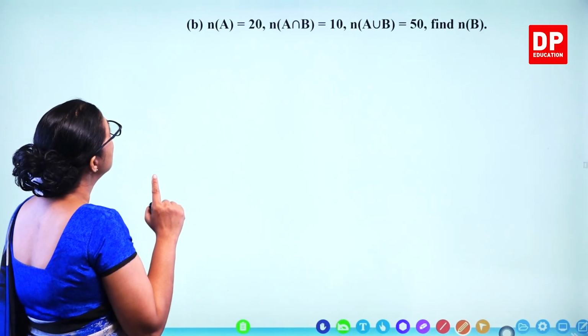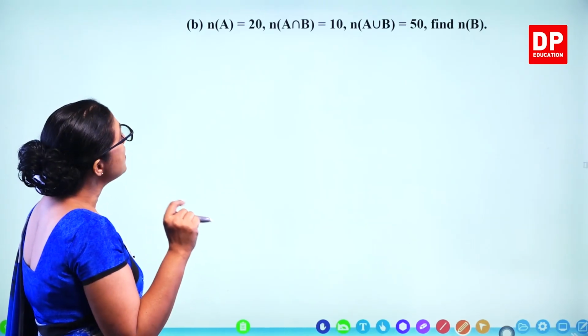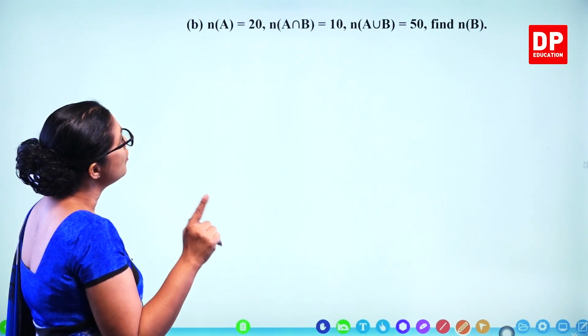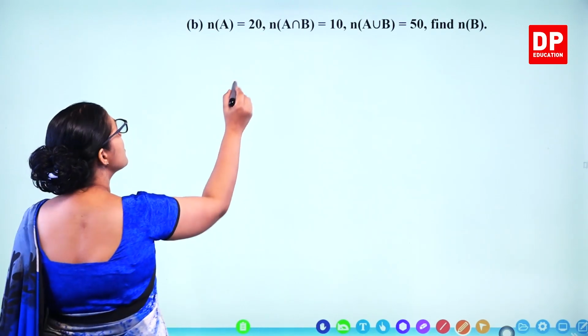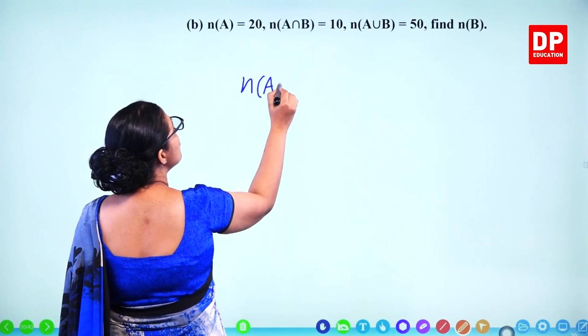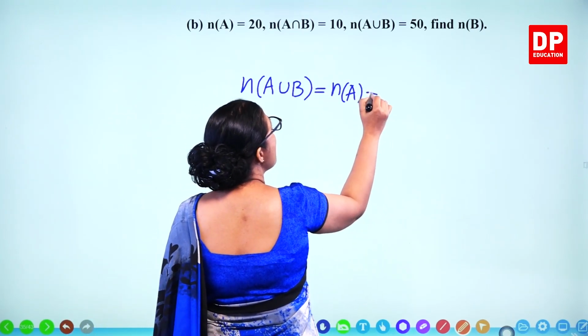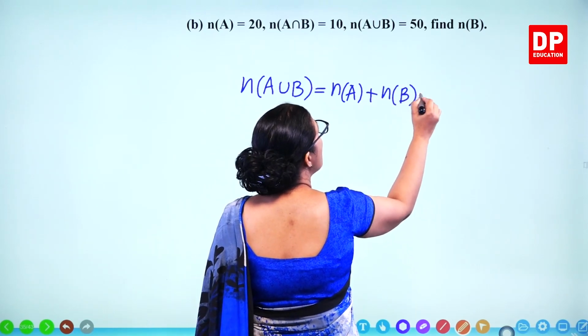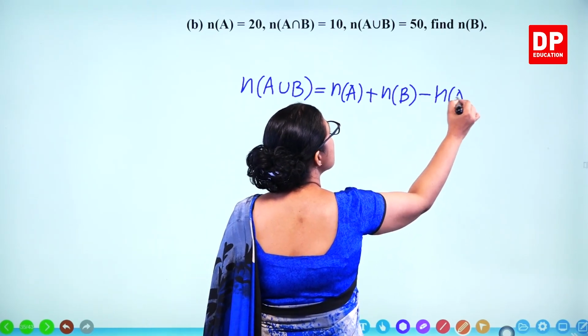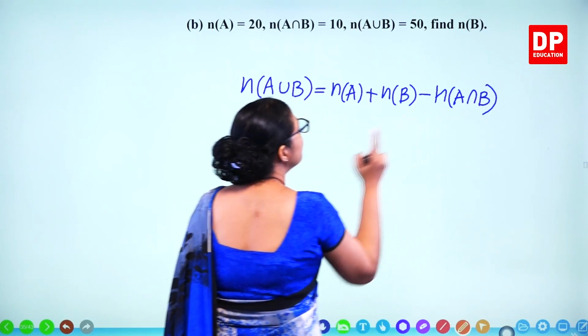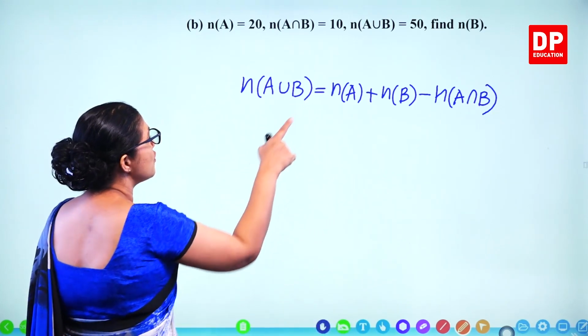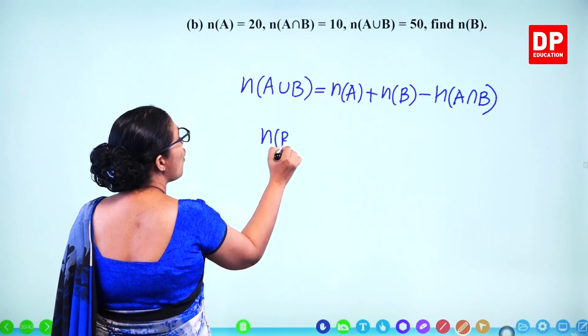B part. n(A) is given 20, intersection is 10, union is 50, find n(B). So what's the formula? Union is equal to n(A) plus n(B) minus n(A intersection B). Then you want n(B), so make n(B) the subject of the formula.